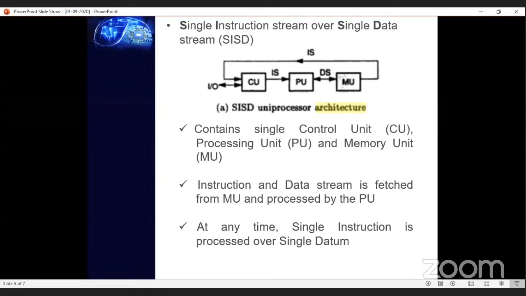SISD architecture is nothing but which architecture? Scalar, that we have seen in the last topic. So these are the points that you have to consider under the SISD, single instruction stream over single data stream. The important point is that there is no parallel processing.